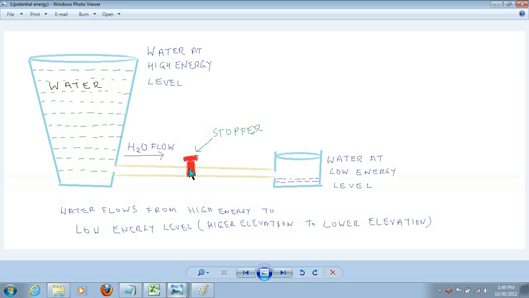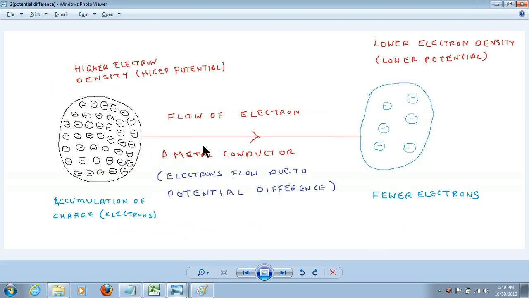Now we will discuss what is potential difference. Electrons flow due to potential difference. Unless there is a difference in potential, electrons will not flow at all.